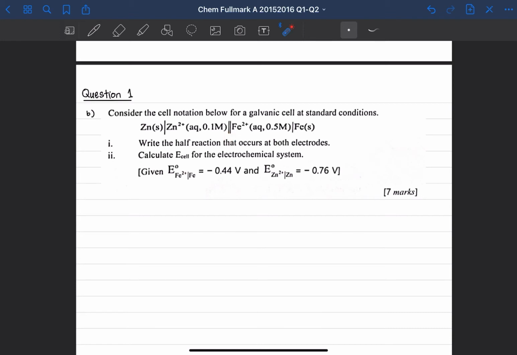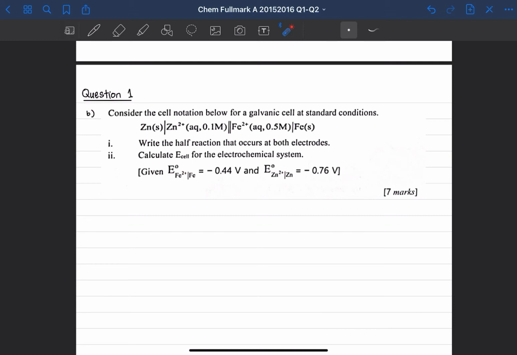And then after the salt bridge, we continue with Fe 2 plus aqueous 0.5 molar, and then iron, Fe solid. So B1, write the half reaction that occurs at both electrodes, and later we will calculate E cell for the electrochemical system. The important information here: E naught for iron is negative 0.44 volt and E naught for zinc is negative 0.76 volt.